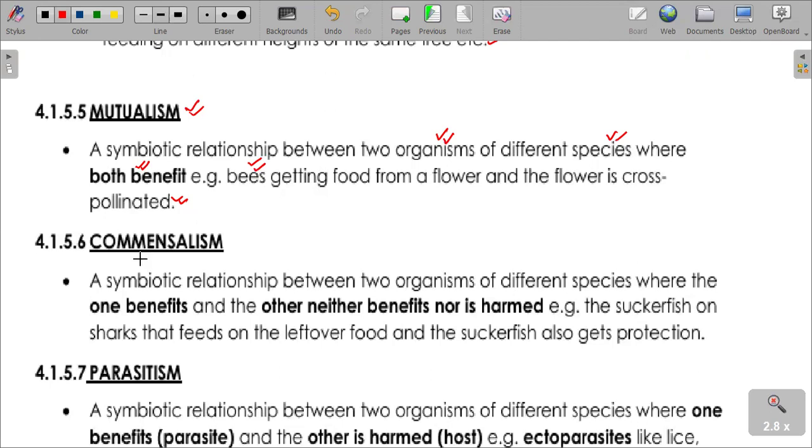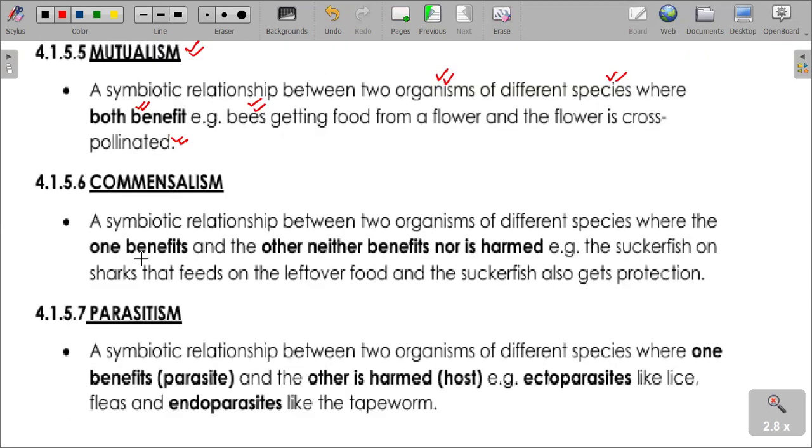And then commensalism. Commensalism, we have an example here. Commensalism is a symbiotic relationship between two organisms of different species where one benefits and the other neither benefits nor is harmed, e.g., suckerfish on sharks that feed on leftover food, and the suckerfish also gets protection there.